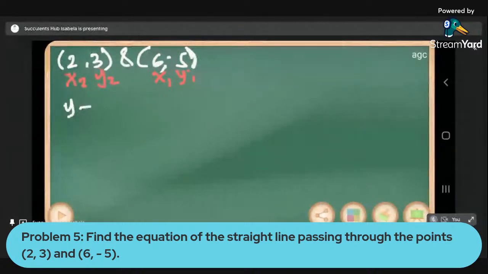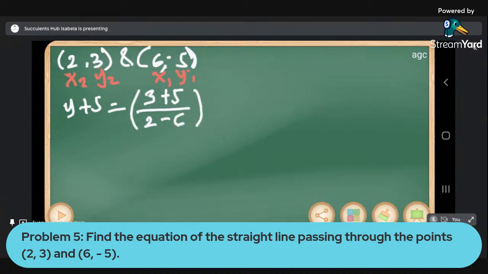Alright, so if you're going to use the form, y minus y sub 1, our y sub 1 here is negative 5, so that's plus 5, is equal to y sub 2, our y sub 2 is 3, minus y sub 1, minus negative 5 is plus 5, over x sub 2, our x sub 2 here is 2, minus x sub 1, that's 6.